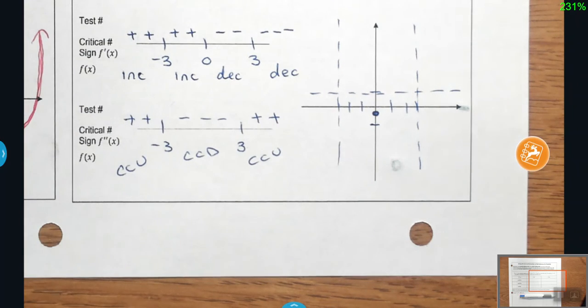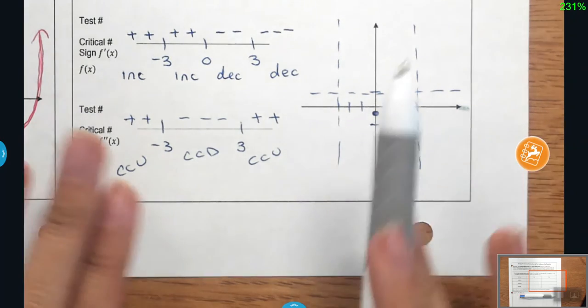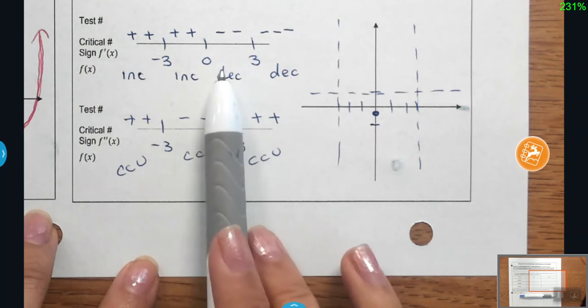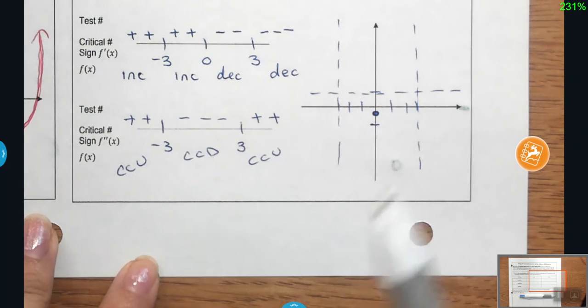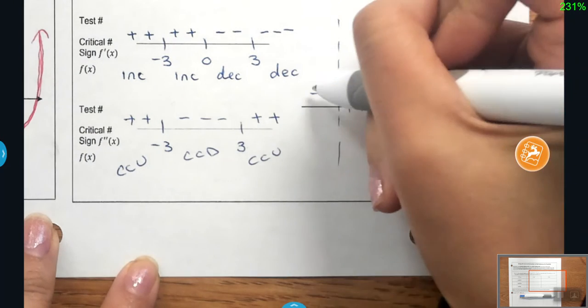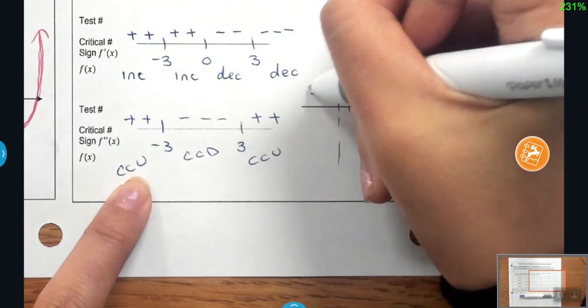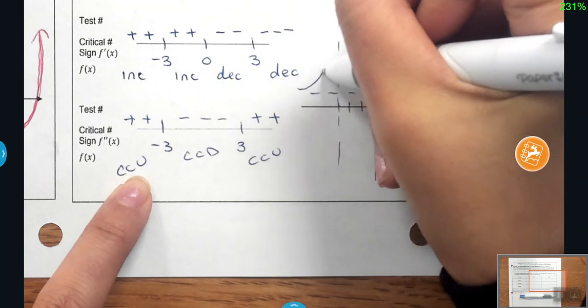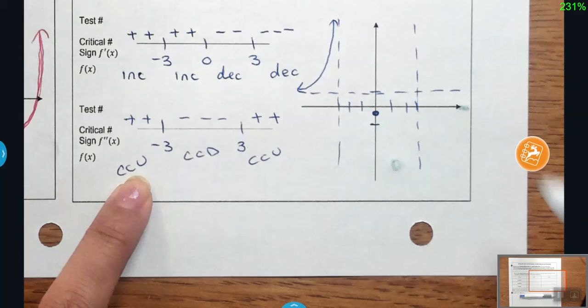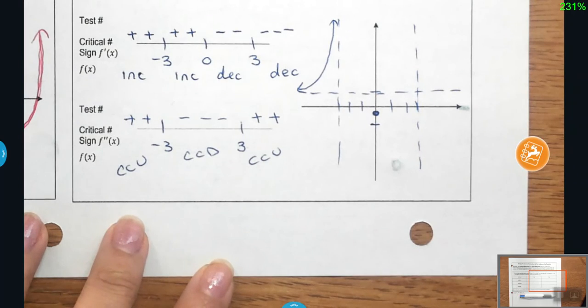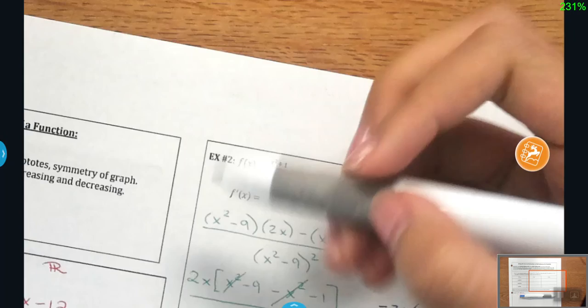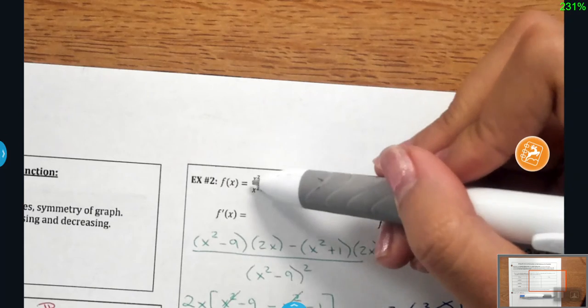Okay, so I'm increasing up till 0, and then I'm decreasing from 0 on. I'm concave up till -3, so concave up and increasing. How do you know horizontal asymptote? Because the degrees are the same, so leading coefficient over leading coefficient.